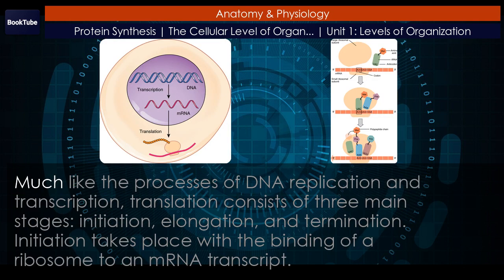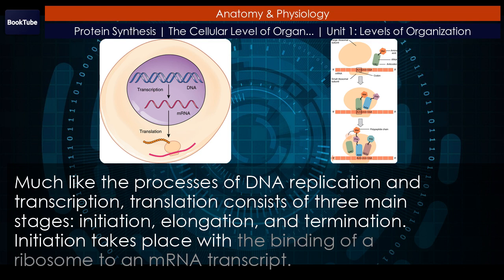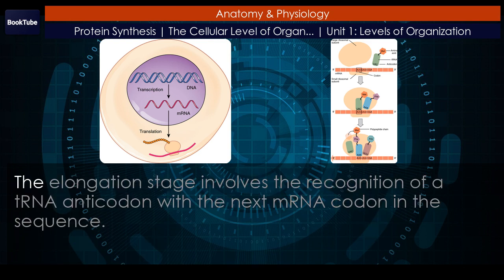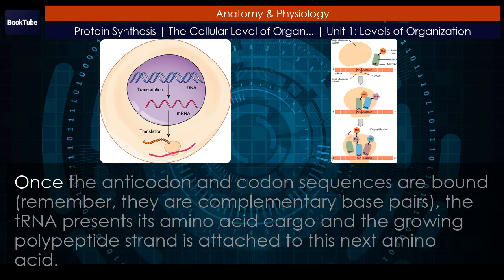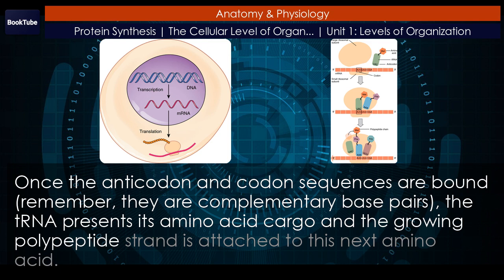Figure 4. Much like the processes of DNA replication and transcription, translation consists of 3 main stages: initiation, elongation, and termination. Initiation takes place with the binding of a ribosome to an mRNA transcript. The elongation stage involves the recognition of a tRNA anticodon with the next mRNA codon in the sequence. Once the anticodon and codon sequences are bound, remember, they are complementary base pairs. The tRNA presents its amino acid cargo and the growing polypeptide strand is attached to this next amino acid.